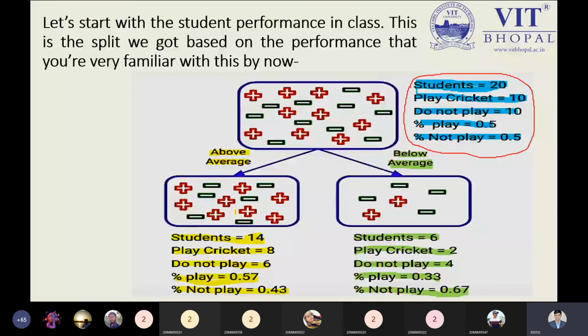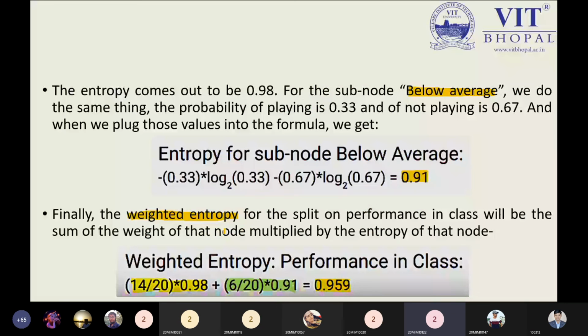Is it clear how we get the entropy and the weighted entropy? In general, weighted entropy is equal to the summation of samples of child upon samples of parent times E of child. Yes, you can say that.